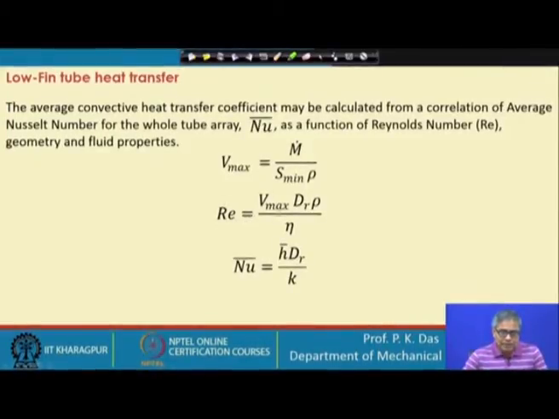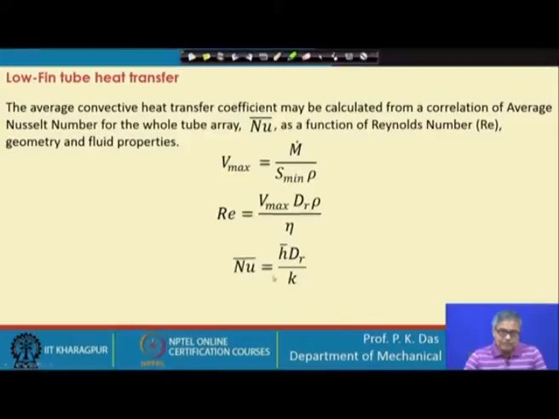Then, according to the equation, one can get the Reynolds number. We have got V max. We will take the outer diameter of the tube as the characteristic length, then rho, and then mu, the viscosity. So, this is how we will calculate the Reynolds number.